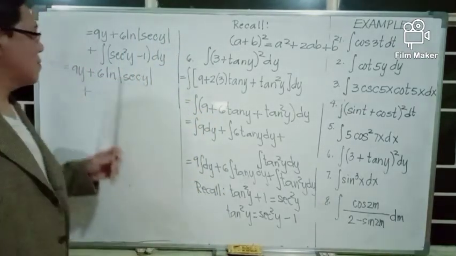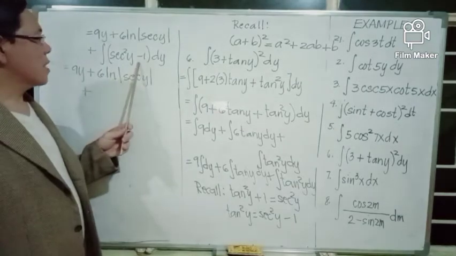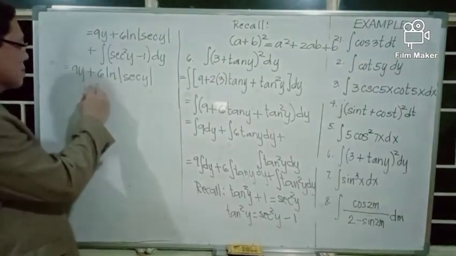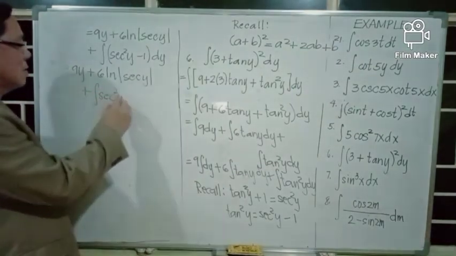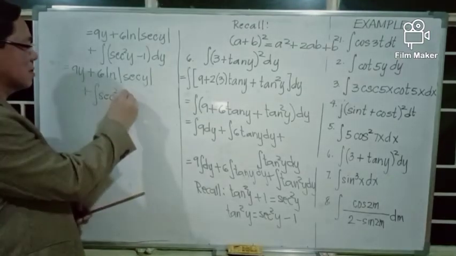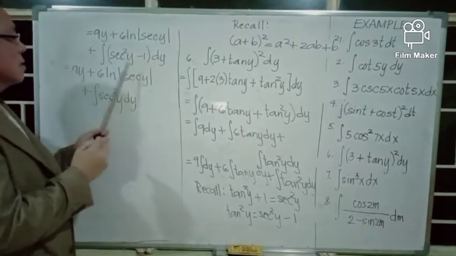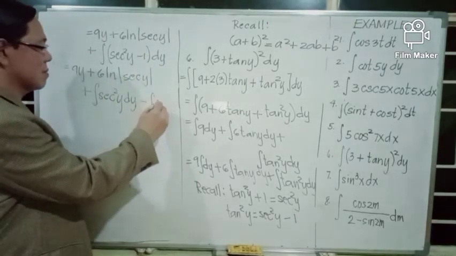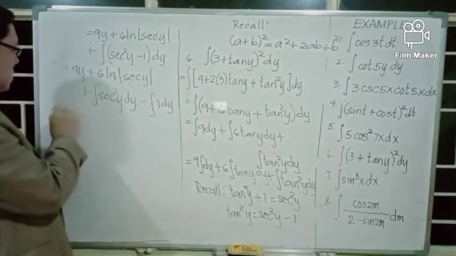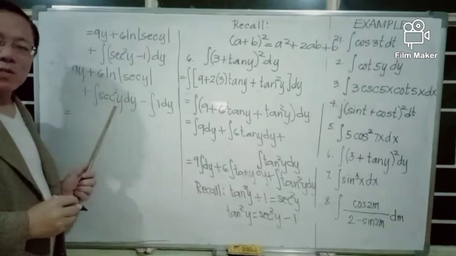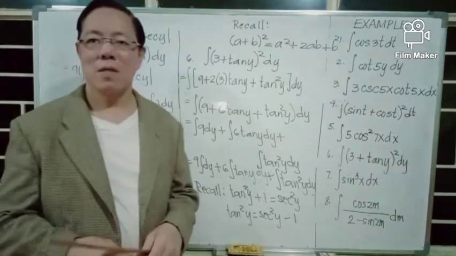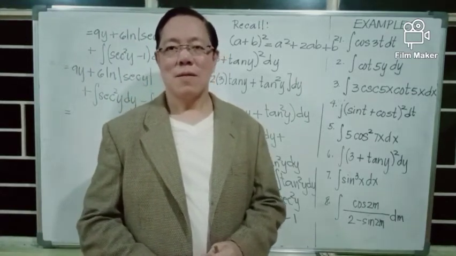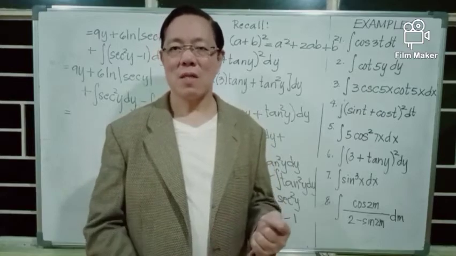Hence, the integral of secant squared y minus 1 with respect to y equals the integral of secant squared y with respect to y minus the integral of 1 with respect to y. And we have the integration rule for the integral of secant squared. The integral of secant squared is equal to tangent. And you must memorize the integration rules.